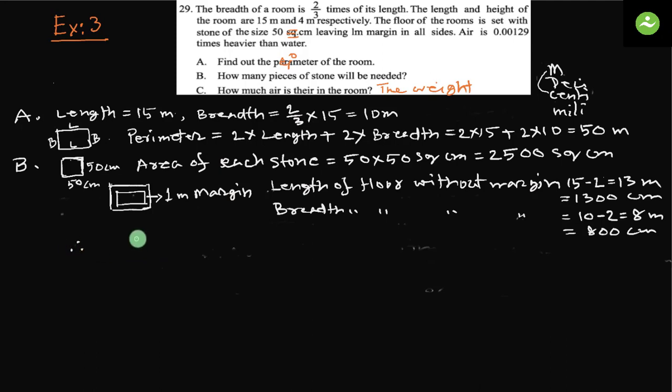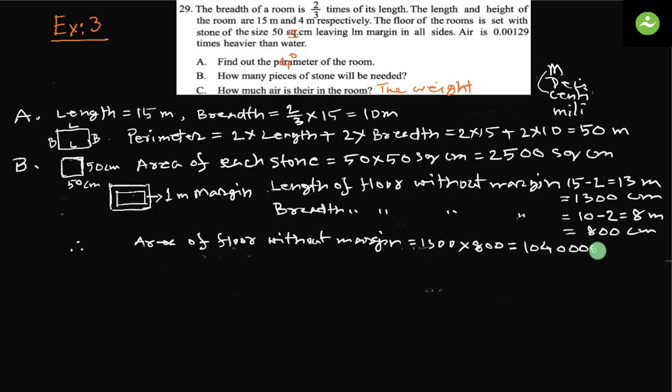Therefore, area of floor without margin equals length into breadth, 1300 into 800 square centimeter. 1300 into 800 is 10440 square centimeter.